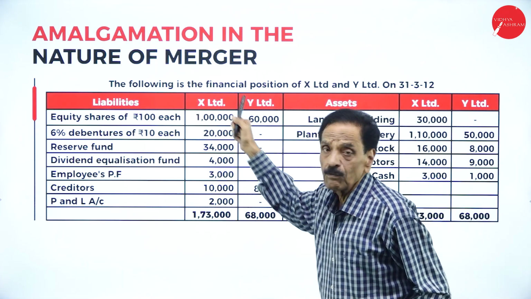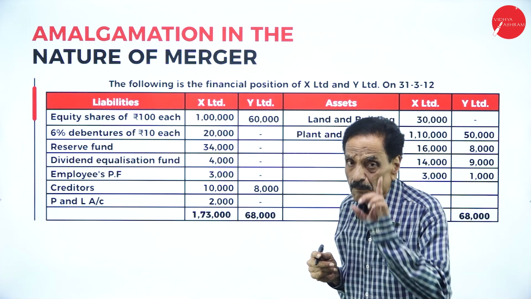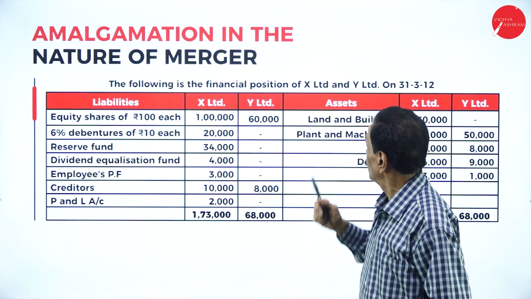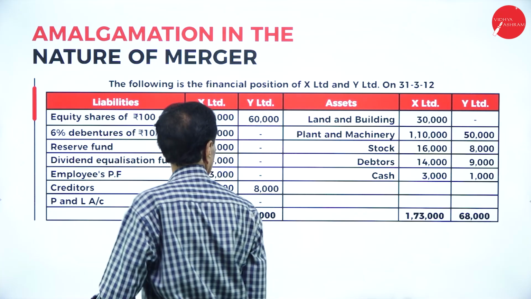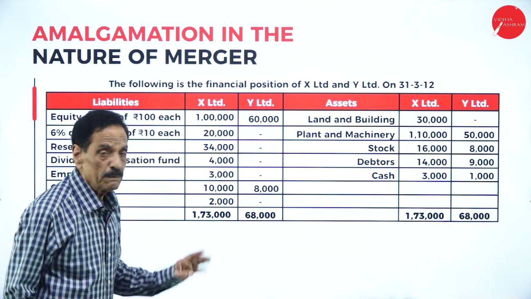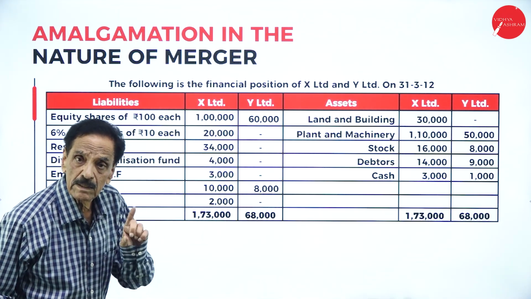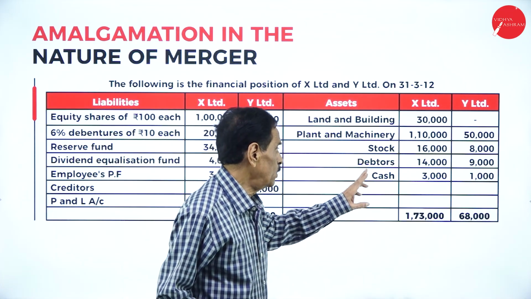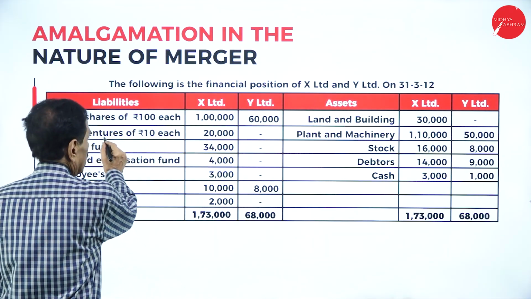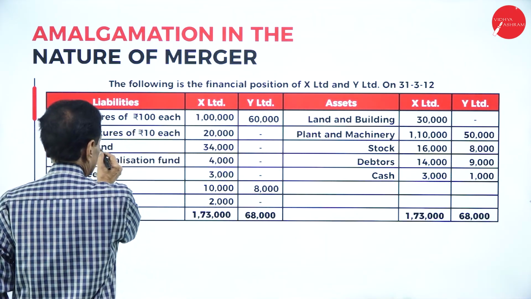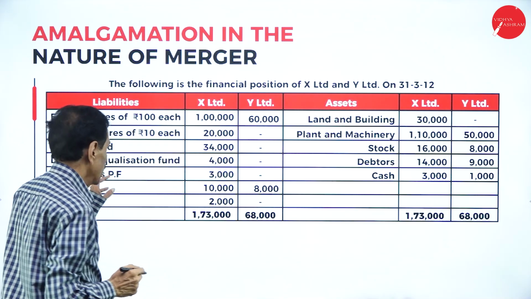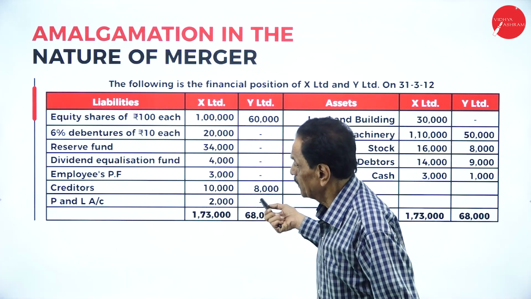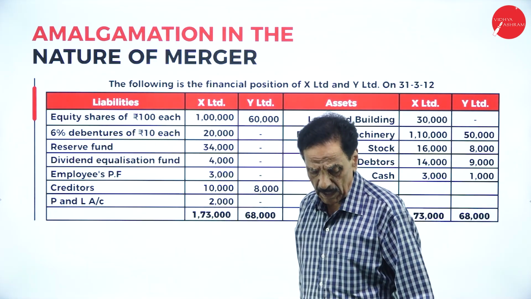Amalgamation in the nature of merger. We are doing the problem of amalgamation in the nature of merger. The following is the financial position of X Limited and Y Limited. There are two companies, one called X Limited, another called Y Limited. Land and building, plant and machinery, stock, debtors, cash, equity shares of ₹100 each, 6% debenture of ₹10 each, reserve fund, dividend equalization fund, employees provident fund, creditors, profit and loss account.